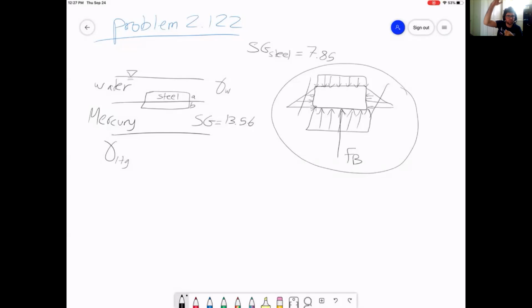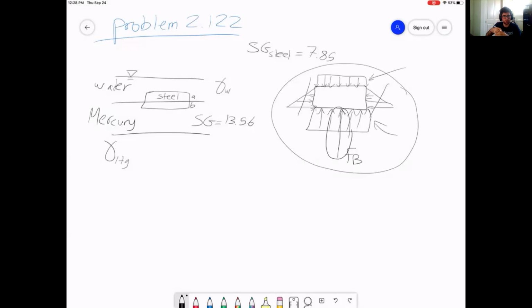I know water is trying to push down. That's the hydrostatic force. But there is the resultant force, which is the buoyant force, both combined. Which is one FB. So this FB is the resultant of this triangle, the pressure distribution, and this one.